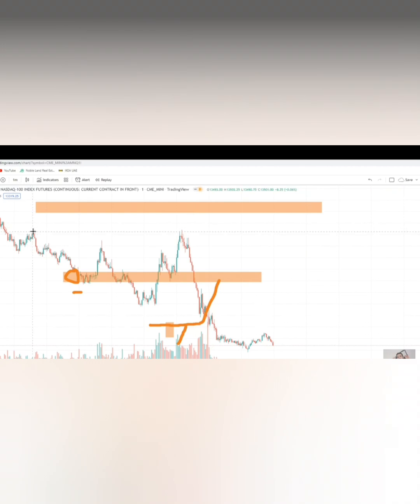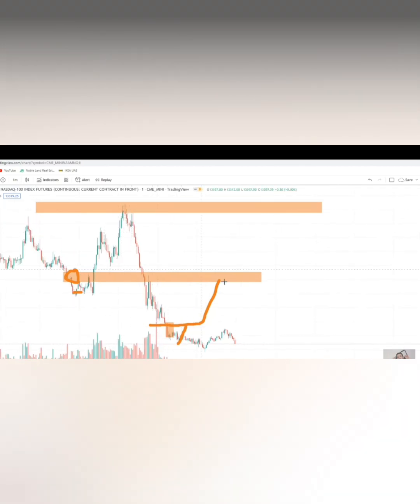See, before it touched it, that's where it started dropping, and now it started dropping here. So next time it touches this, you're going to have a little pullback, and then every time it touches this again, fills this gap, you're going to have a pullback. This could be in one session. So that's a 200-point difference. I think that's exactly what we're going to do before we go back down to 13,500.